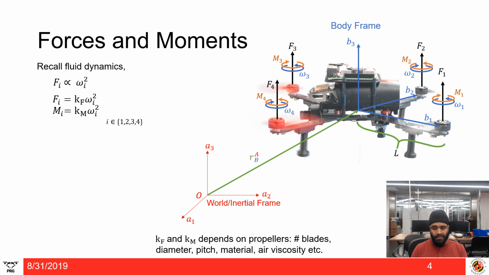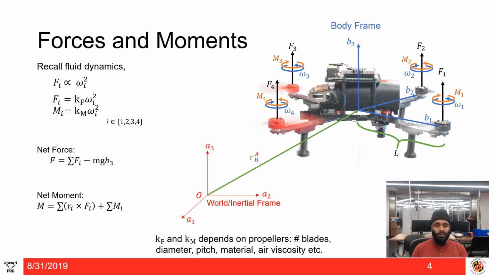things like that. So to achieve an equilibrium state, both linear and rotational, in quadrotors, we need to have the net force and net torque acting on the quadrotor be 0, which is basically summation of Fi minus mg in the direction of B3 must be 0.